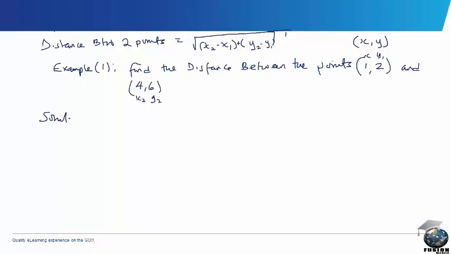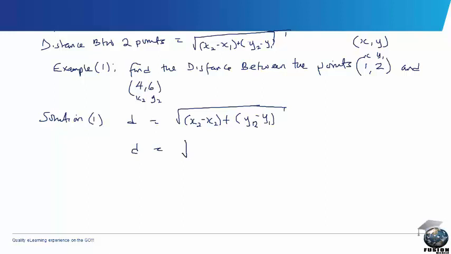Solution for 1. The distance D is given as the square root of the difference of points x2, x1, plus the difference of points y2, y1. So D is equal to the square root of x2, x1, there is 4 minus 1, plus y2 there is 6 minus 2.